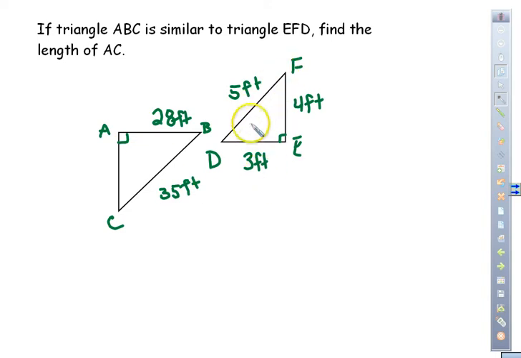We are looking at the hypotenuse, so we're going to look at the hypotenuse on this. You can go from either one. We'll start over here and go 5 to 35, which is going to reduce to 1/7.